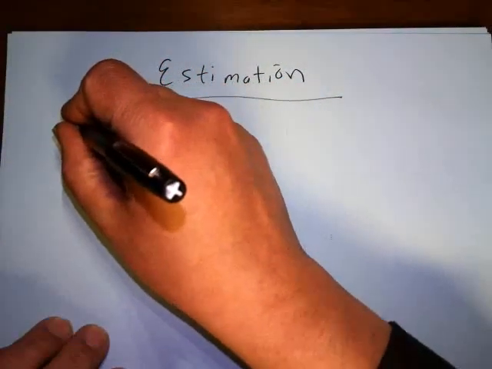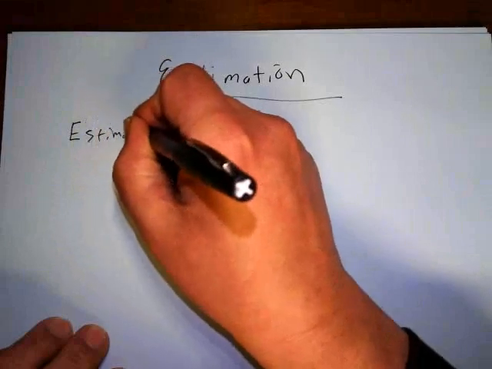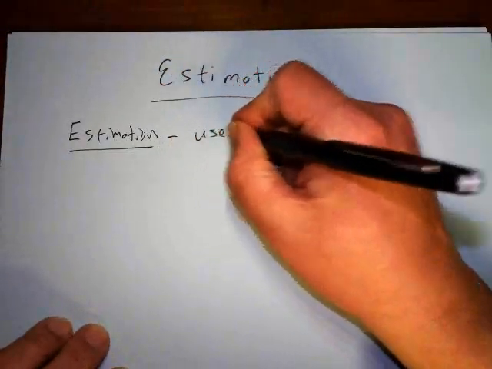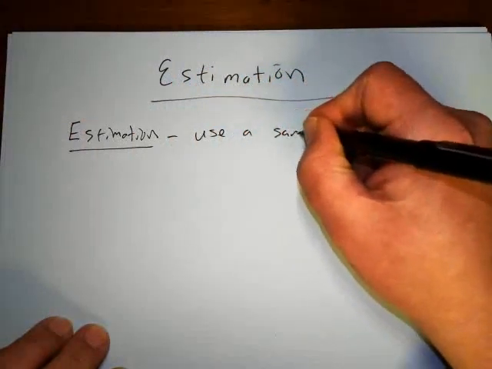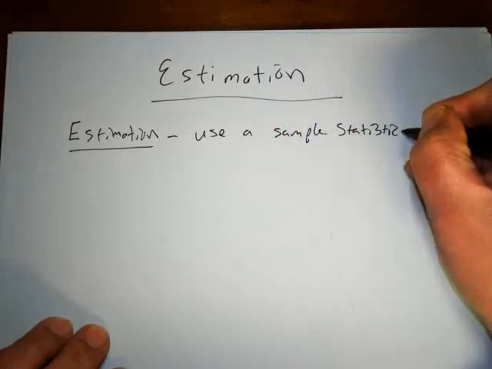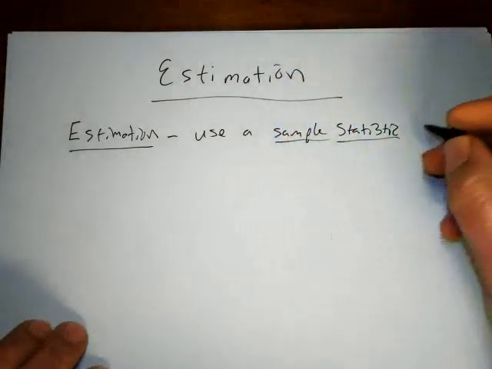In statistics, estimation is when you use a sample statistic, and that's a technical term. A sample statistic is a number that describes your sample.